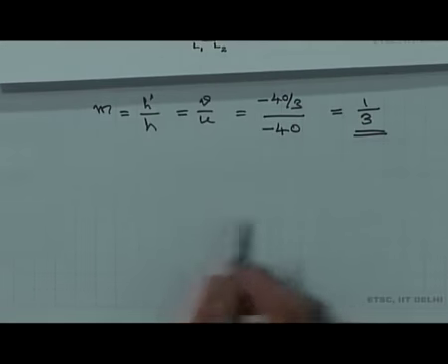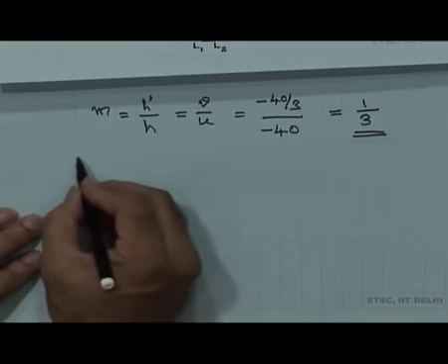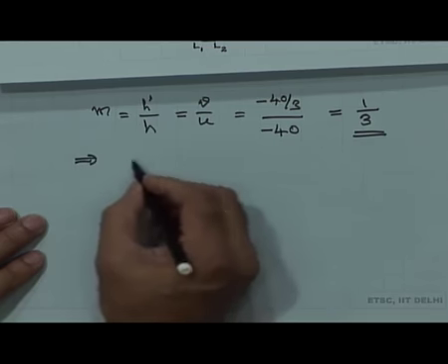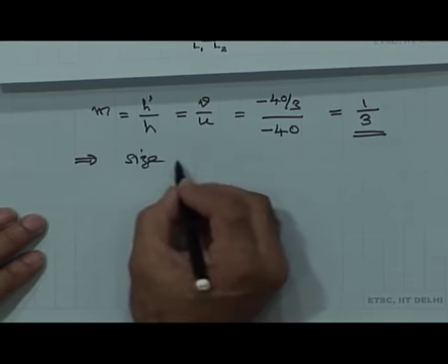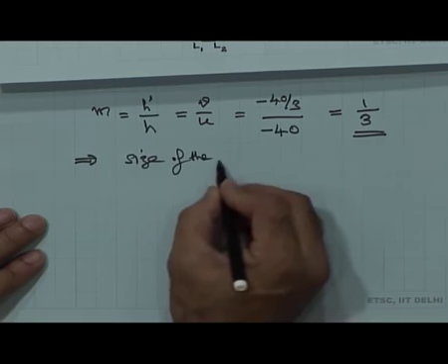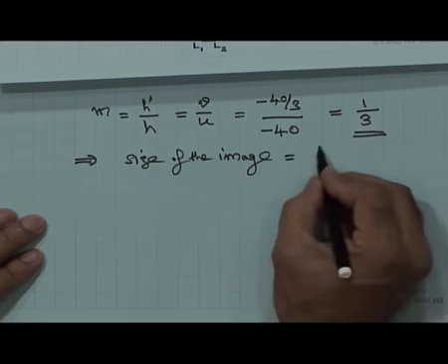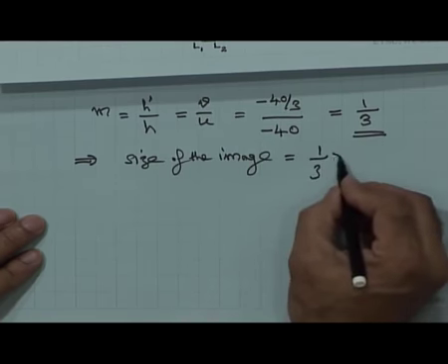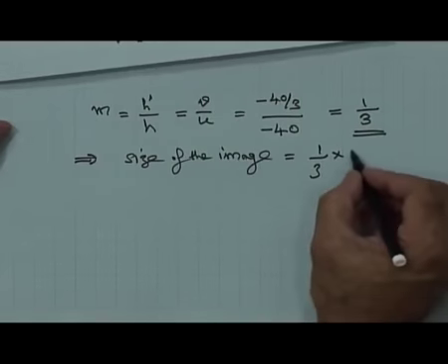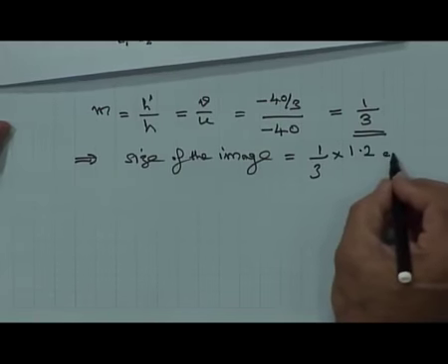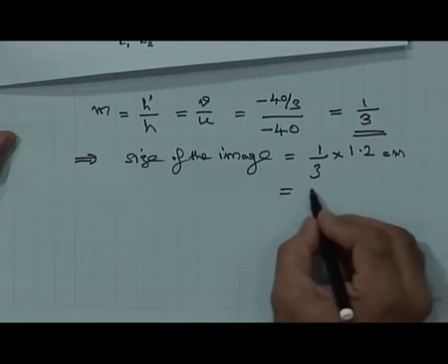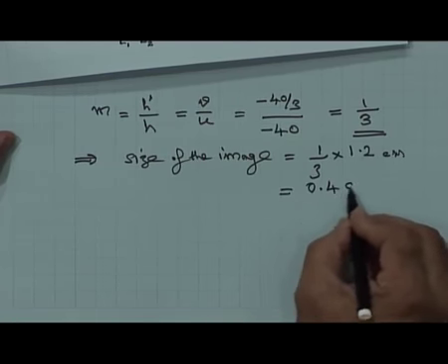This implies size of the image is 1/3 into the object height, which is given as 1.2 centimeter. So 1/3 into 1.2 centimeter is equal to 0.4 centimeter.